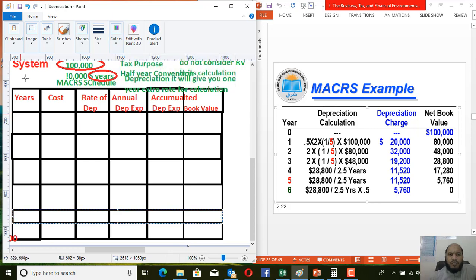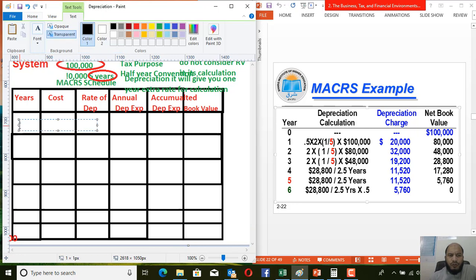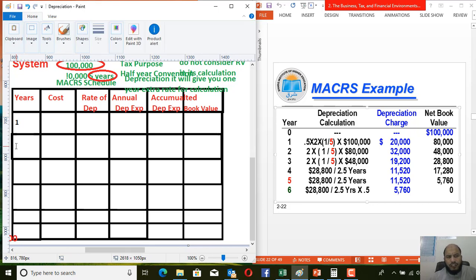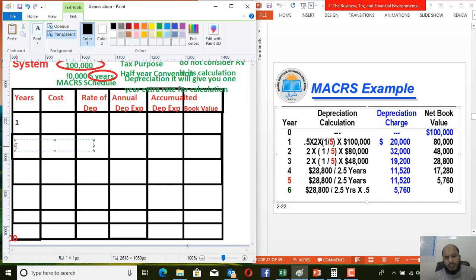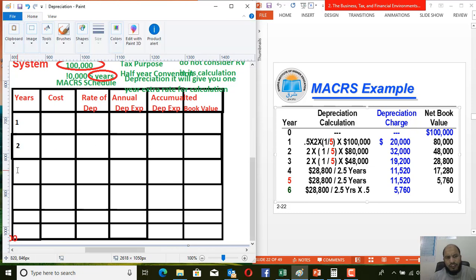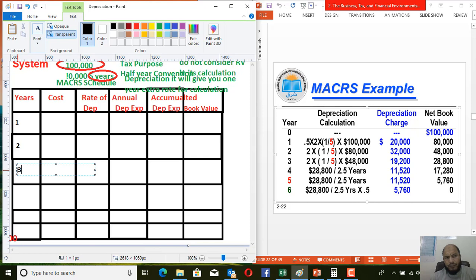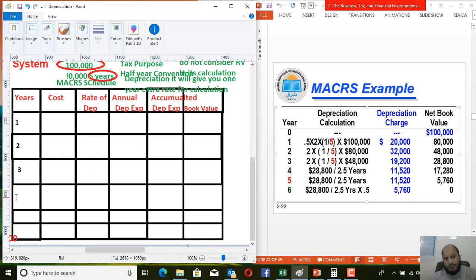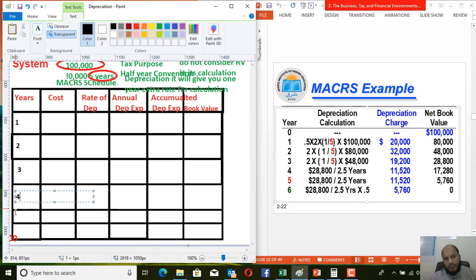So now, dear students, we will write down the titles in each row. This row is for the year. So this is year 1, here we have year 2, year 3, year 4, year 5, and year 6.